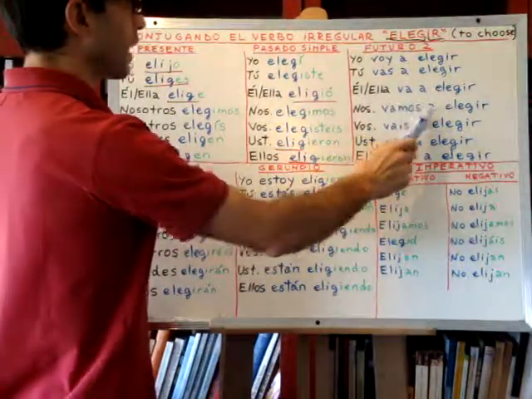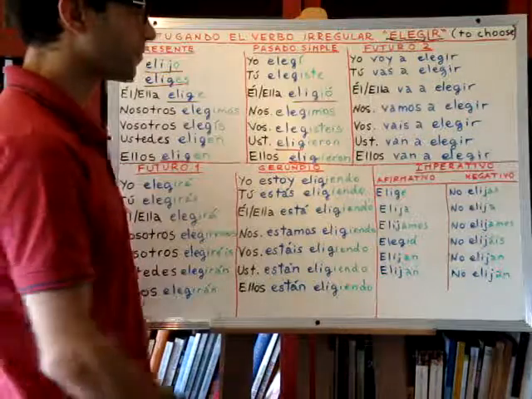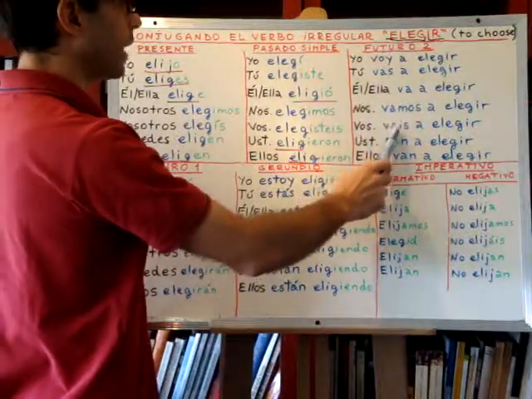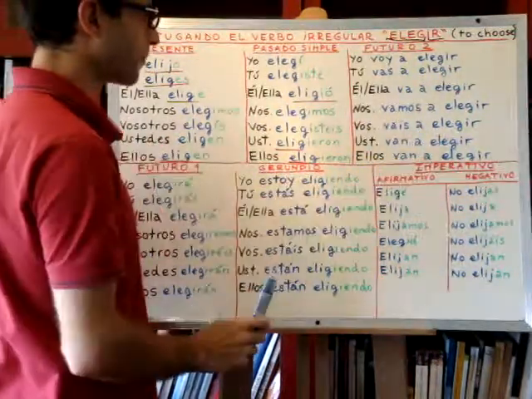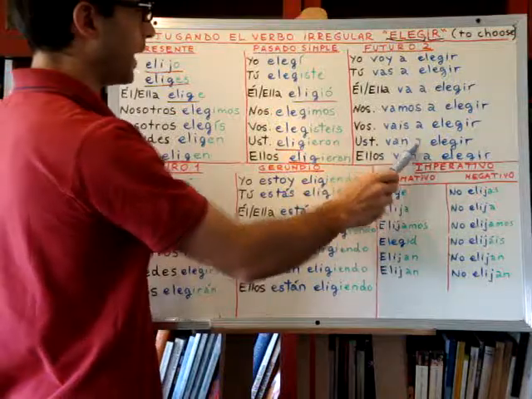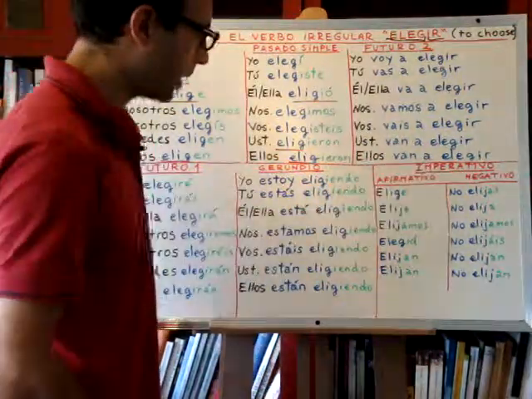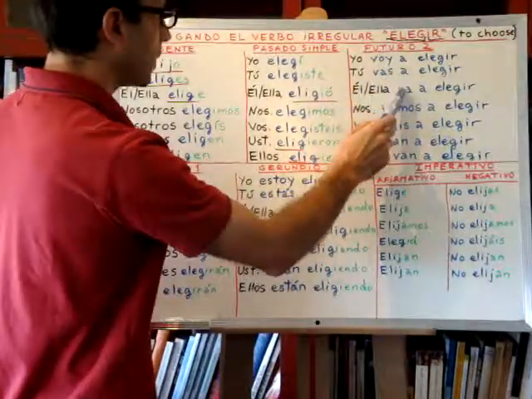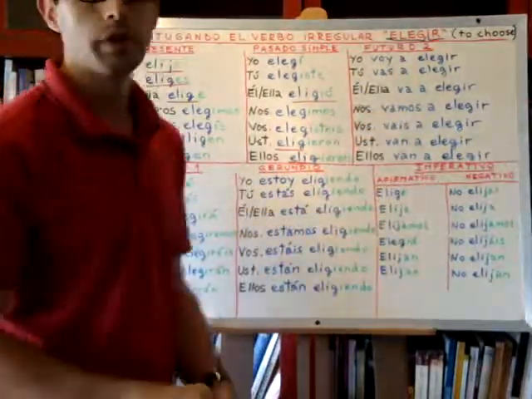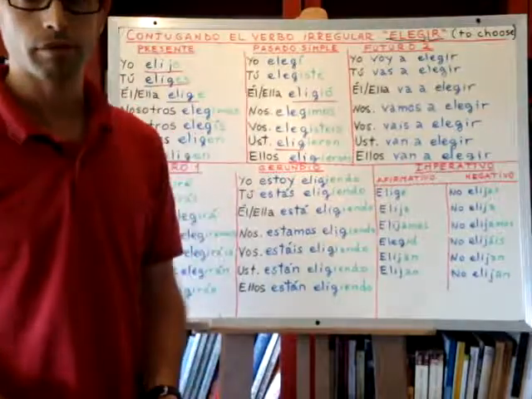Nosotros vamos a elegir. Vosotros vais a elegir. Ustedes van a elegir and ellos van a elegir. Okay, you can see we only conjugate the auxiliary verb, the verb to go, right? The verb ir.